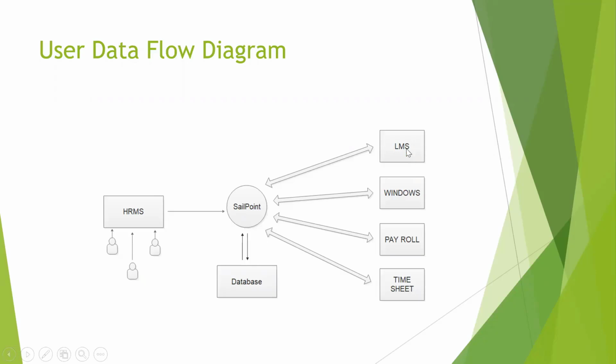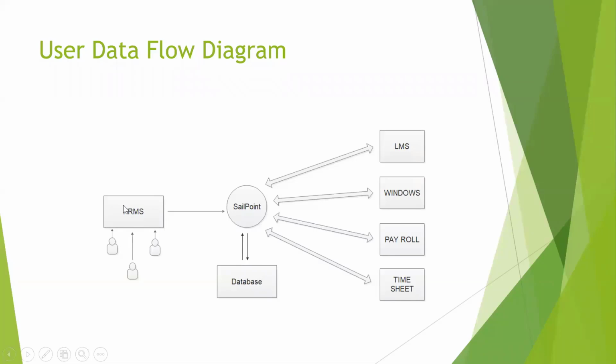Because these systems, LMS, Windows Active Directory, payroll, are managed by different teams. Right, they are different teams. The team can also create some users from the backend in these systems, but they will not be real employees of the organization. So we need a particular system that we can trust.